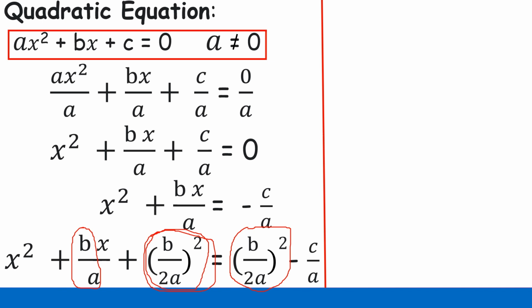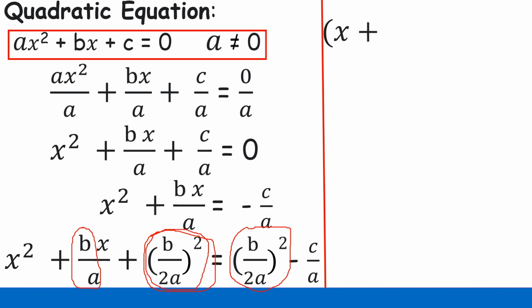Now, what this does is to make the expression x squared plus b over a x plus b over 2a all squared become a perfect square. That's the reason why we introduced the b over 2a all squared, and we added it to both sides.